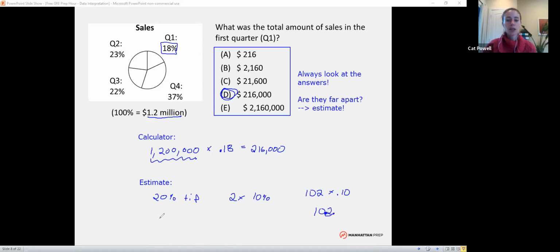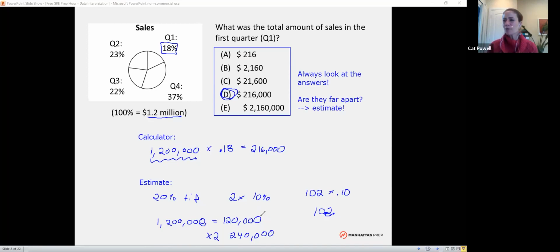So here I'd move my decimal over, and then I have 120,000, so that's 10%. And then multiply that by 2, and I get 240,000. So it's not exactly precise, but it's enough to choose that D is correct, because I see, oh, it's in the 100,000 range here.